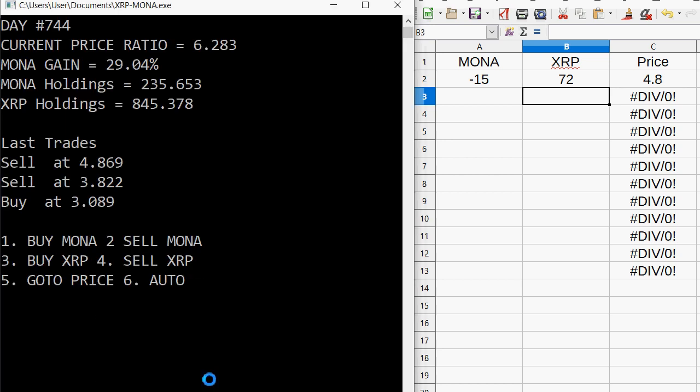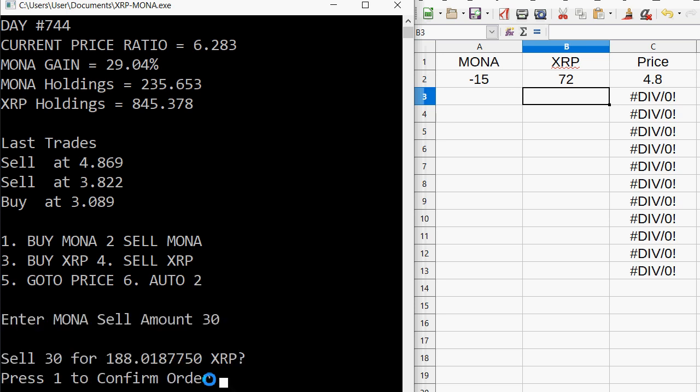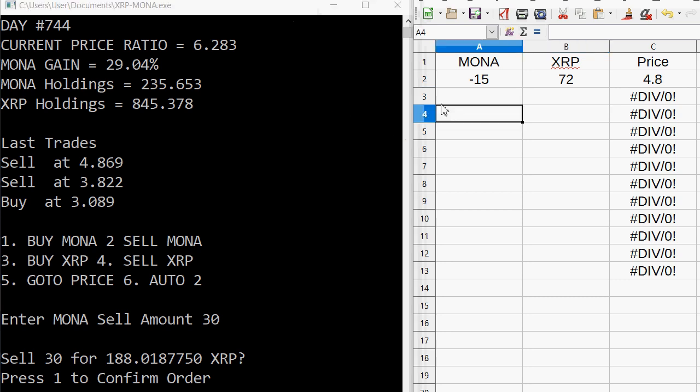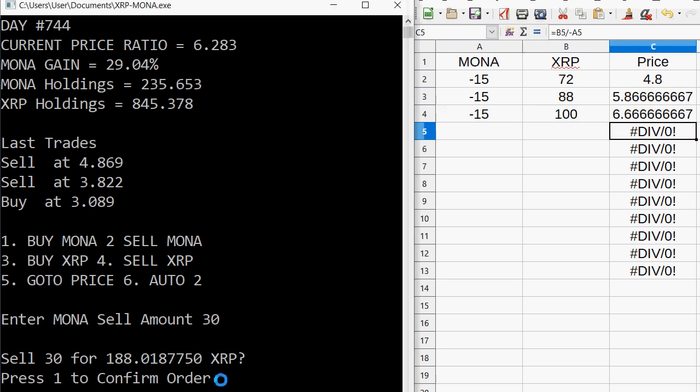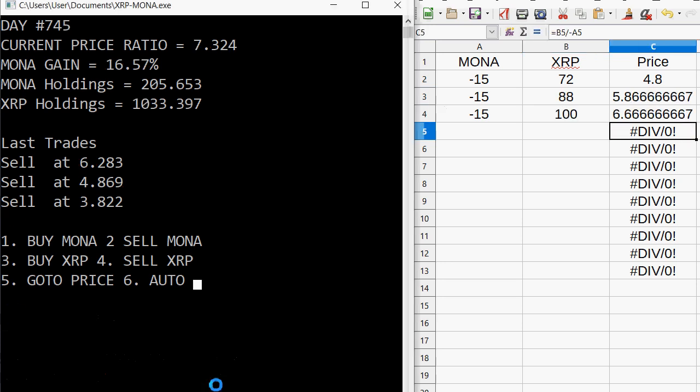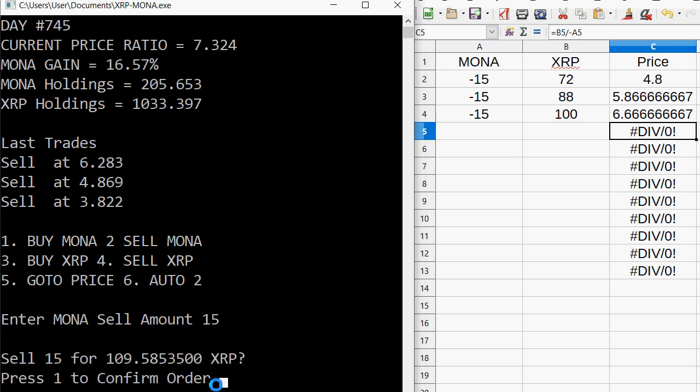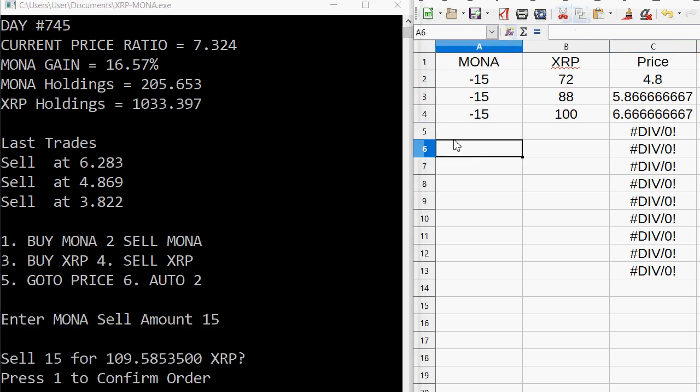Just interestingly enough, if I want to do that. And then we have a Mona gain again, but we own 23. Okay, maybe I want to sell around 30 at least. So why don't we do something like this? I'm getting 188, so let's go 88 and 100 this way. Sell maybe another 15. And I could even, I mean, that's less than 10%.